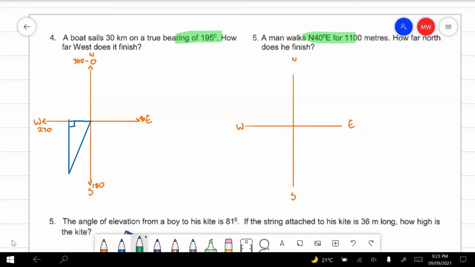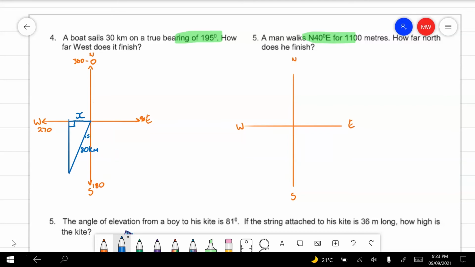So we'll write in the information that we know. We know that this one represents 30 kilometers, and we know that we're trying to find how far west it's traveled. Remember to never eat soggy Weet-Bix when you're labeling this up. And there's another little bit of information that we know as well. In fact, to be honest, doing it the other way might have been a little easier because we knew that this was 15 degrees if you'd drawn your triangle that way.